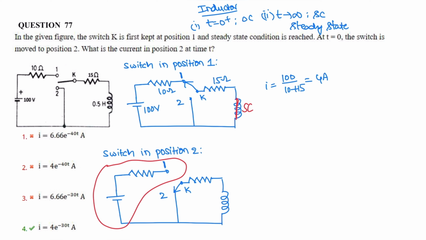This is the equivalent circuit of 15 ohms and inductance L henry. So the equivalent circuit can be written as a 15 ohm resistor and inductor with a series current source. Current is flowing in this direction.